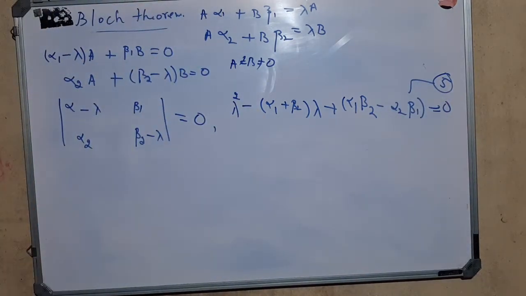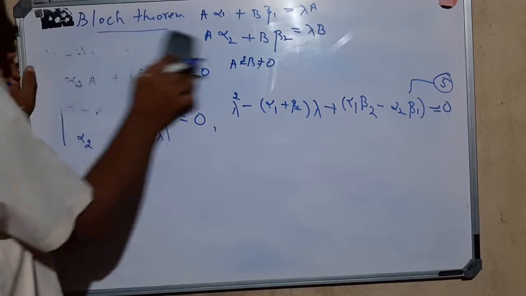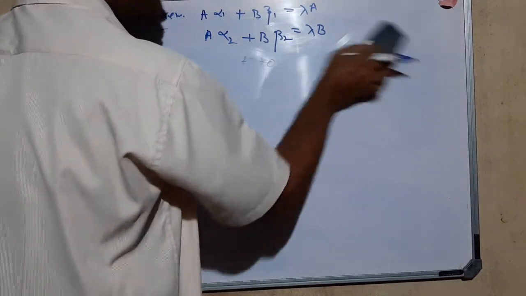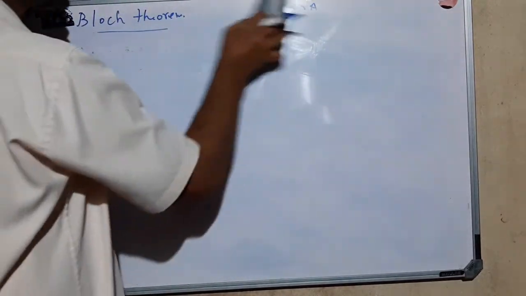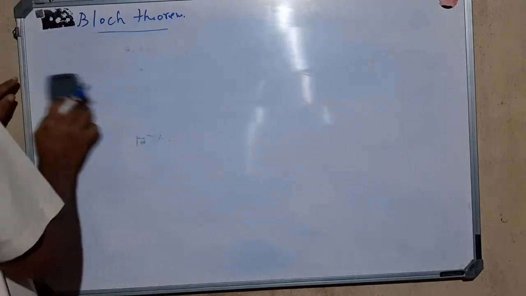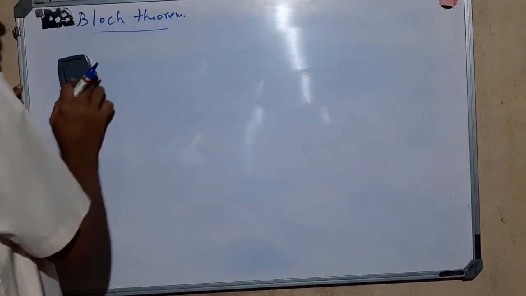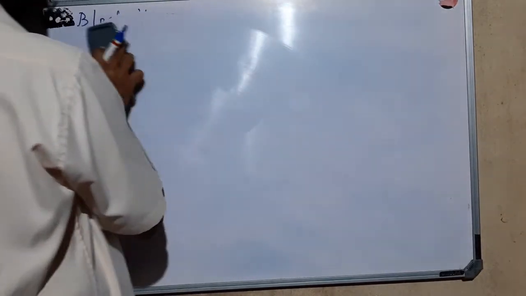Since f of x and g of x are two independent solutions of the Schrodinger's wave equation, we can replace xi of x by g of x, and similarly by f of x.